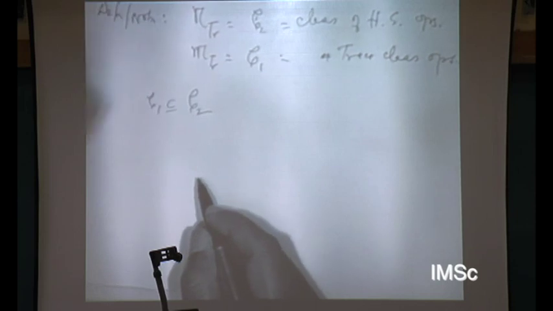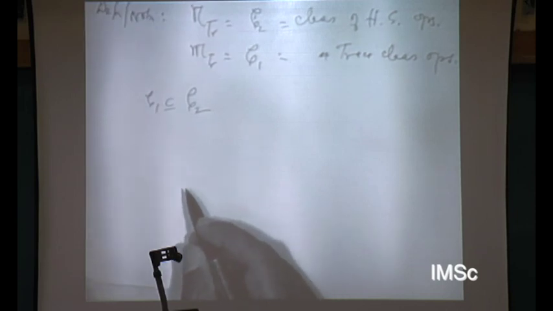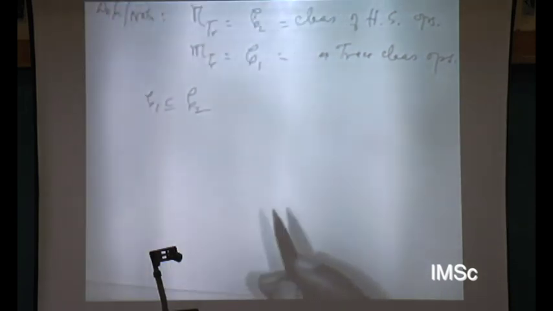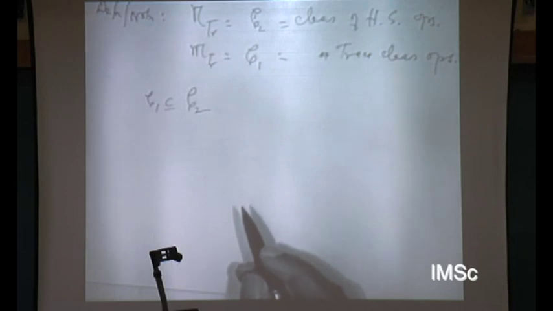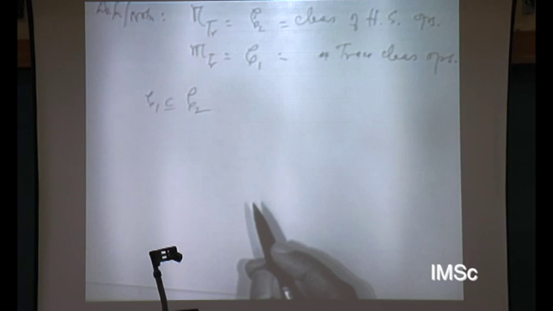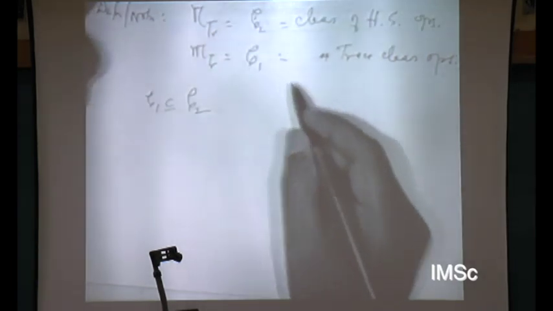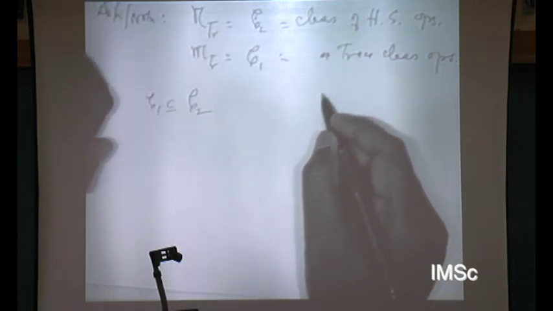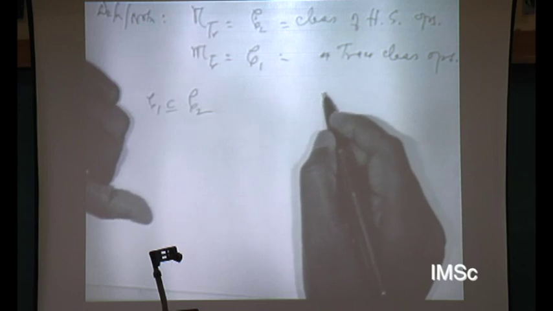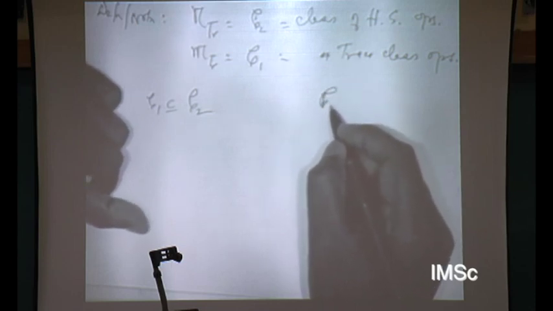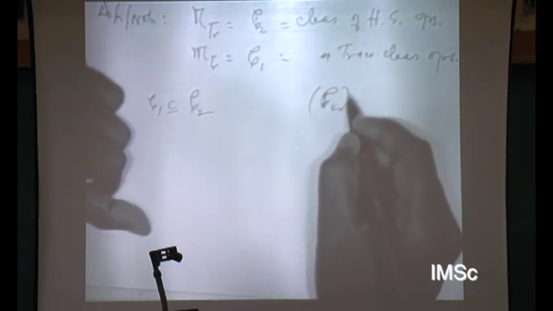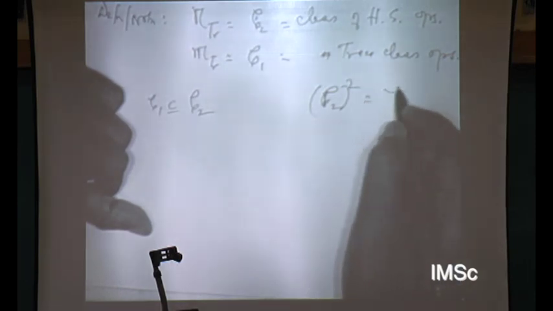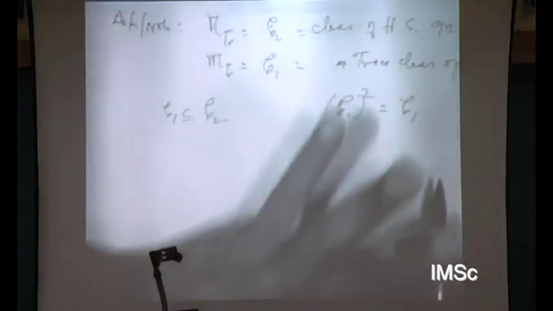And because n and n star are the same, you're really looking at C2 squared is C1. By squared I mean C2 times C2.